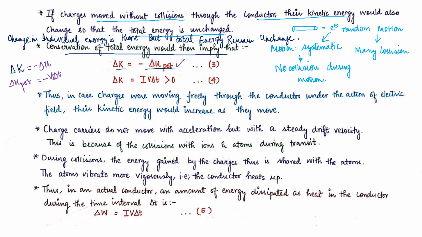Okay. So what will be the formula for kinetic energy from here? It will be kinetic energy equals minus of del U, and it will give minus of V I del T. Minus and minus will cancel each other and we will get V del T into I. This will be our answer.